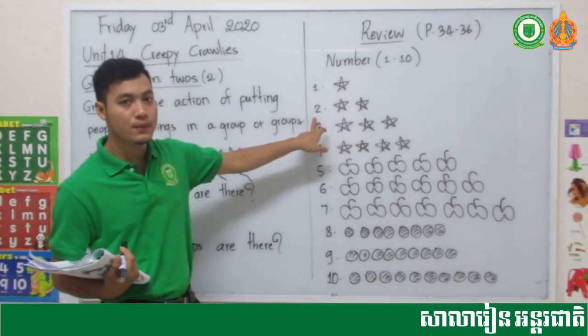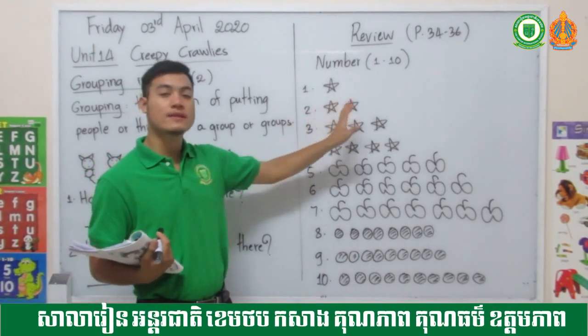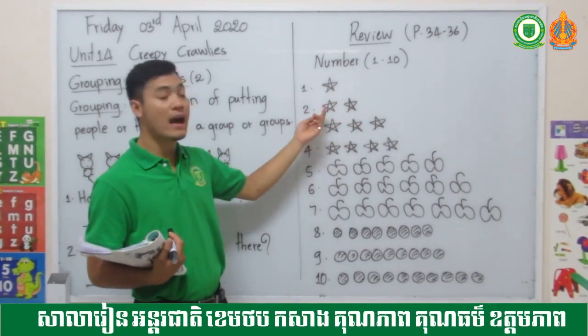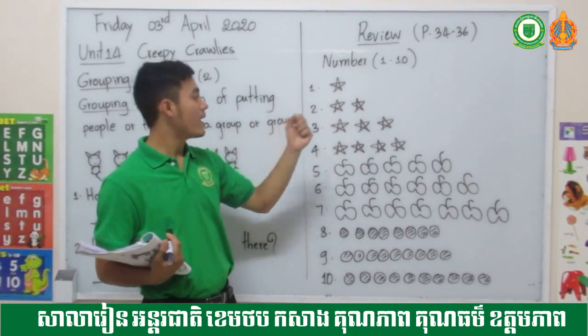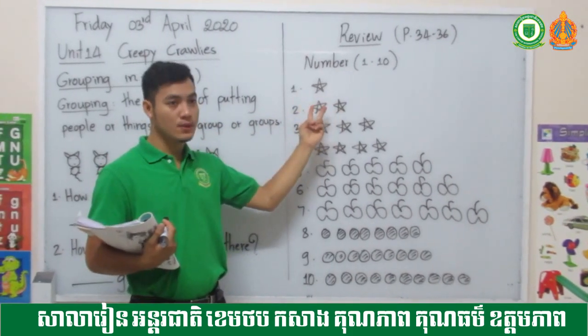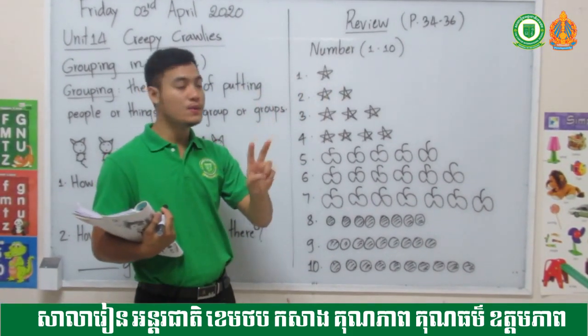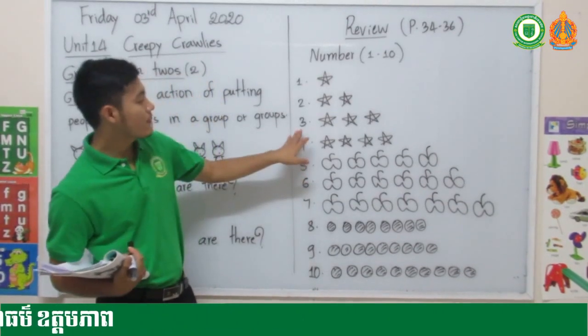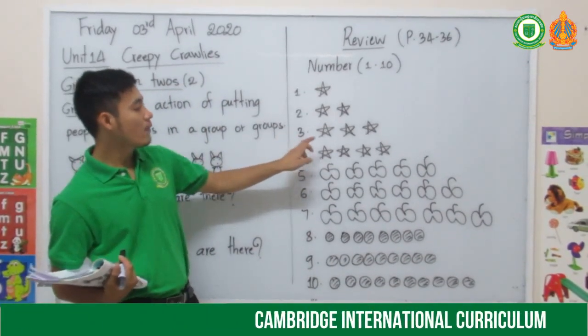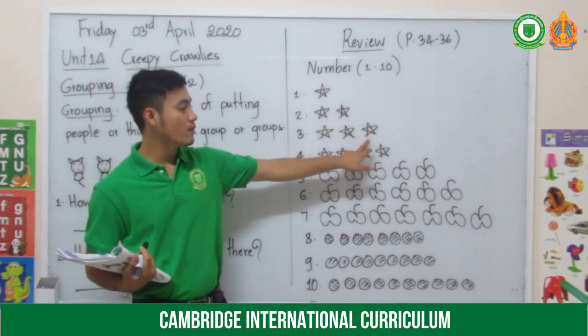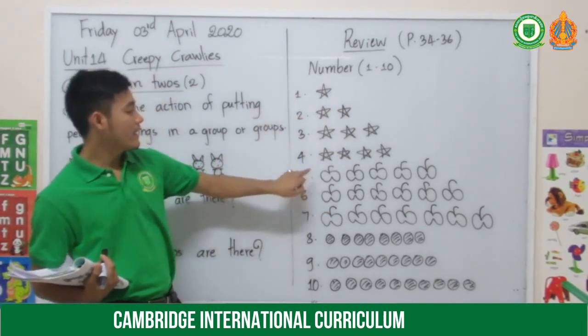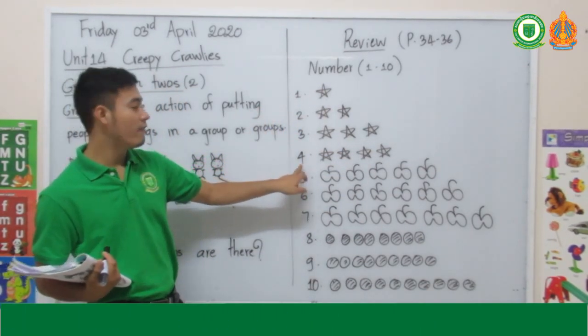Here is number 2. We look at how many stars. There are 2 stars. We count together 1 and 2. So here is 2. Here is number 3. 1, 2, 3.